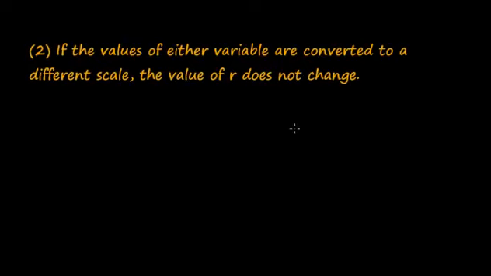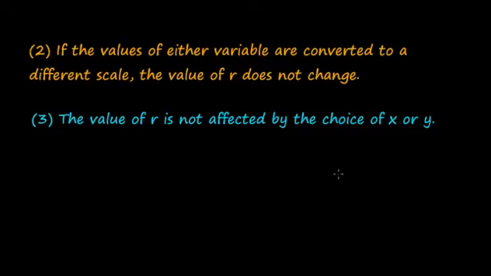In my example before of a plant, the height it had grown compared with the amount of sunlight it had received, that's my paired data. I could change my height from inches to centimeters, but that won't change the value of r, or whether or not there's a positive correlation or a negative linear correlation.